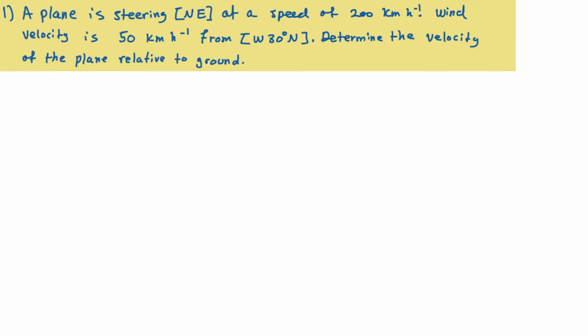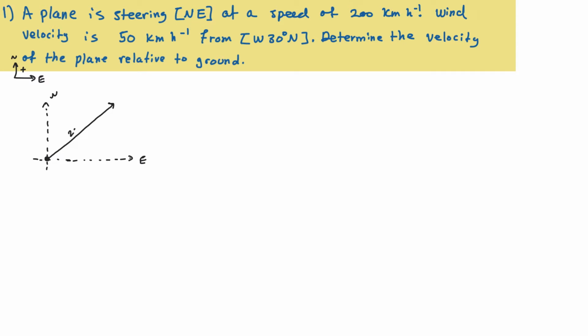First, let's draw all the information that we have. We know that the plane is steering northeast at 200 kilometers per hour. My coordinate system first is going to be east and north as positive. So we're going to have north here, east here, and this one is going to be in this direction.